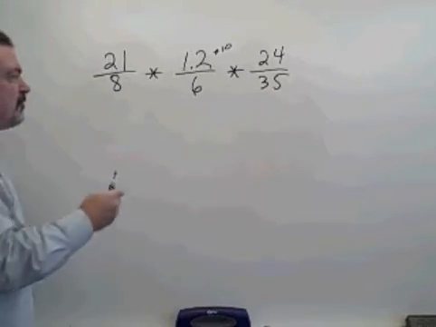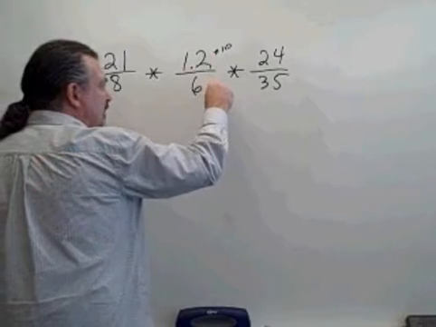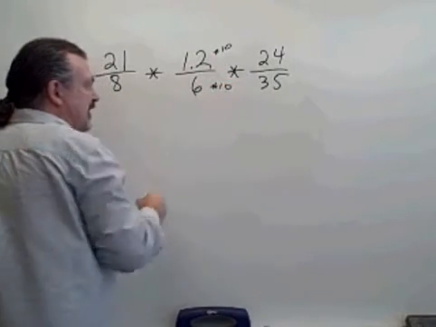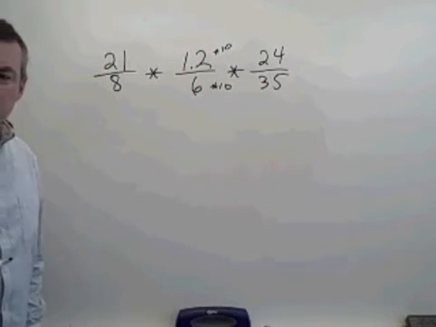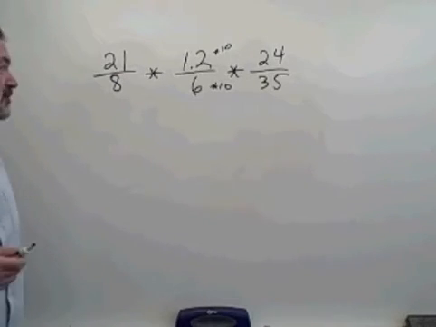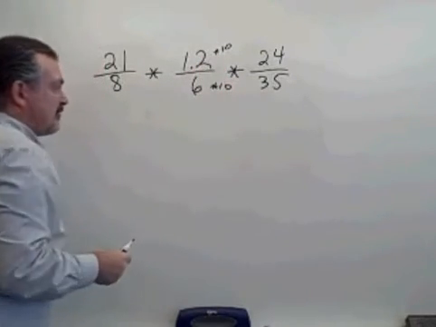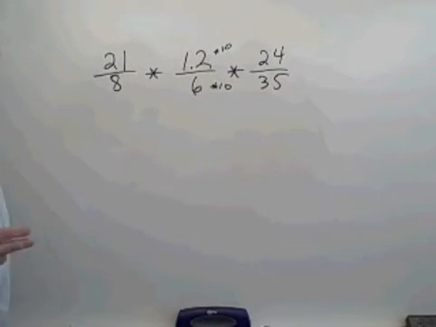But remember, if you multiply a fraction's numerator by some quantity, you have to multiply its denominator by the same quantity so you don't change the value of that fraction. So I'm going to multiply the numerator and denominator of that fraction by 10, which means I've really multiplied it by 1. So I haven't changed its value any.